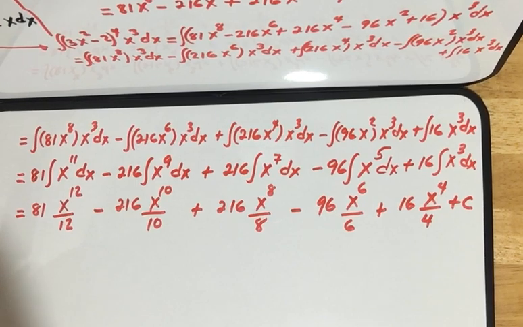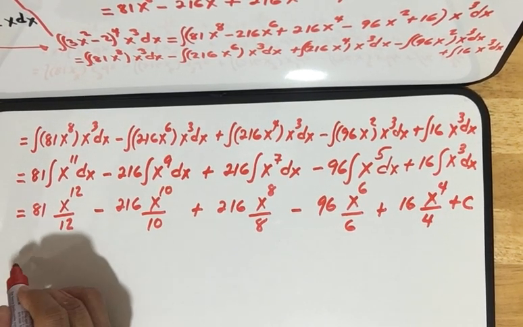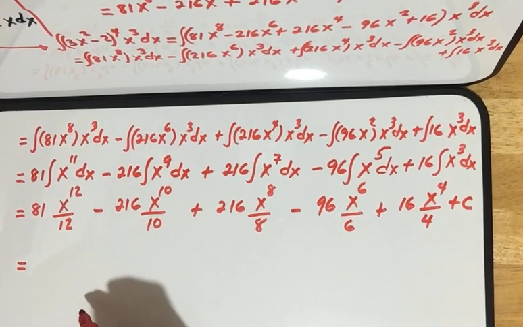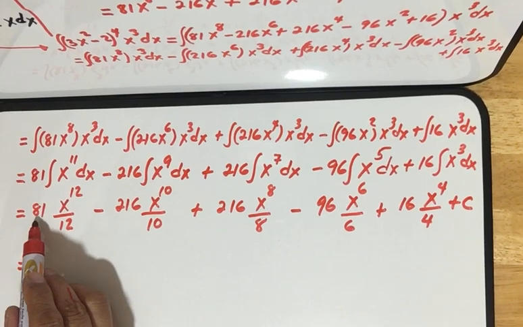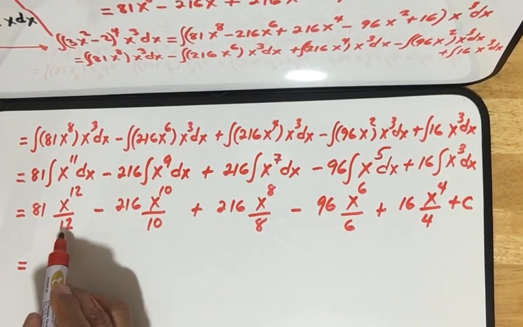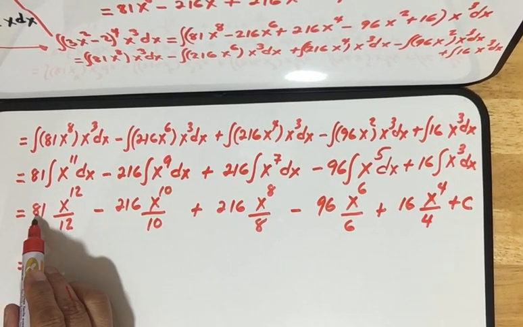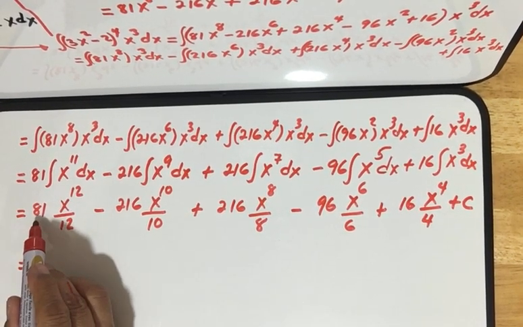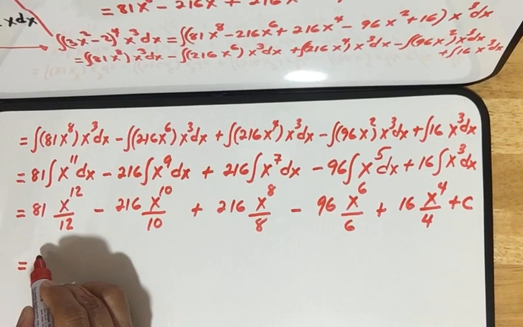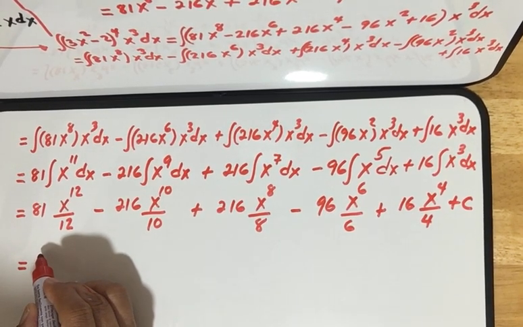So let's find out if we can divide. If we cannot, then we just reduce to lowest terms. For example, here, this is divisible by 3. This is also divisible by 3, but this is not divisible by 12, so we cannot make it 1. The only way is to divide this by 3, and divide this by 3. So 81 divided by 3 is equal to 27.